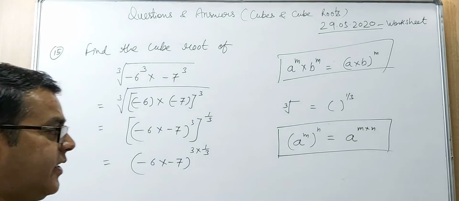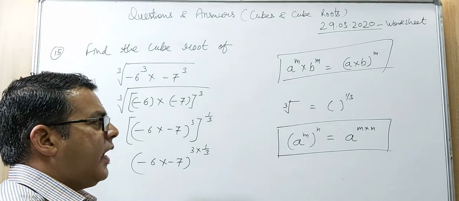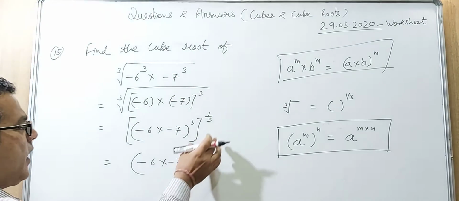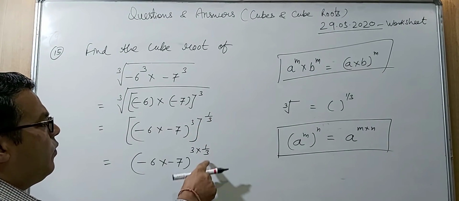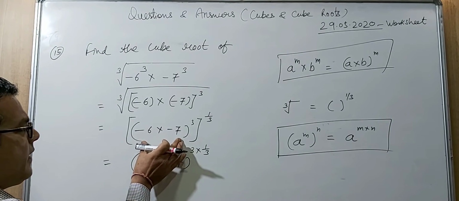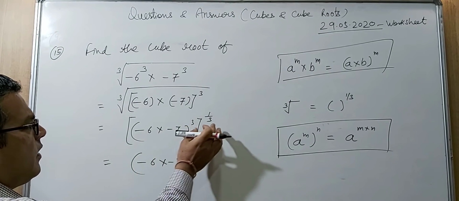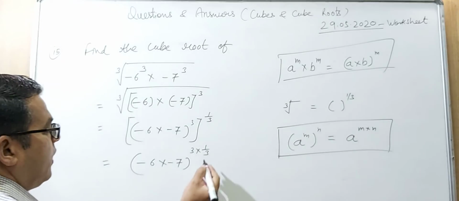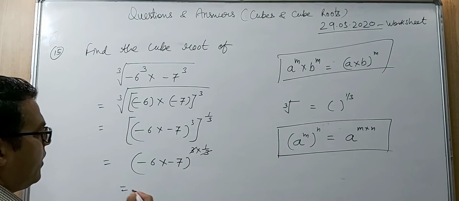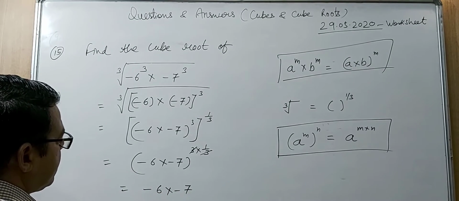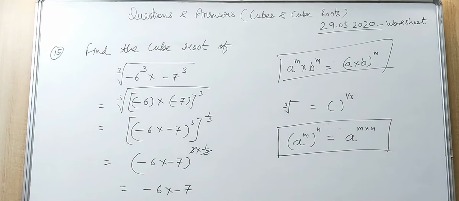So we can write it A power m into n, right? In a similar way, we can also multiply here 3 with 1 by 3. Since this is the base and this base has power 3 and power 1 by 3, we can multiply both the powers together. So 3 by 3, we can remove this 3. What is left here now? Only minus 6 and minus 7 is left.